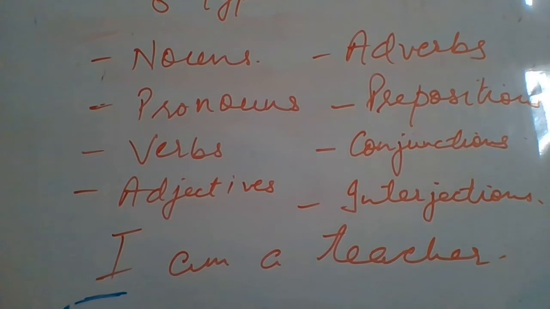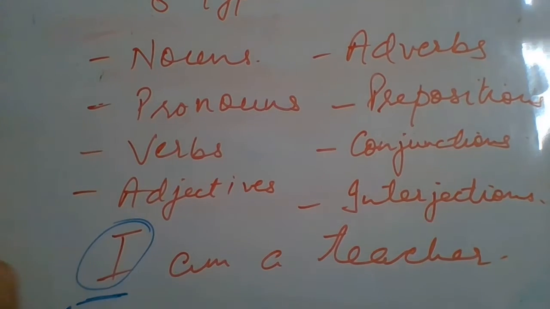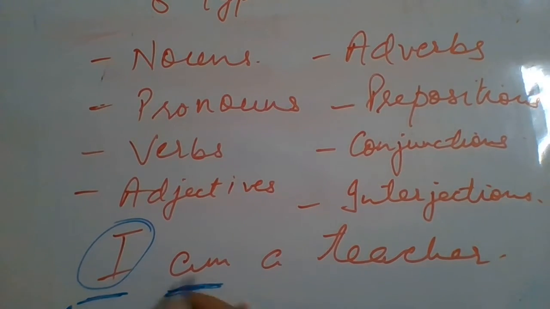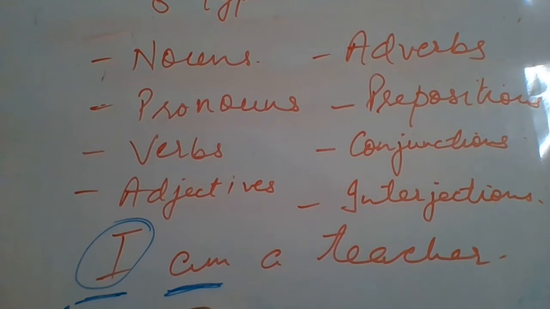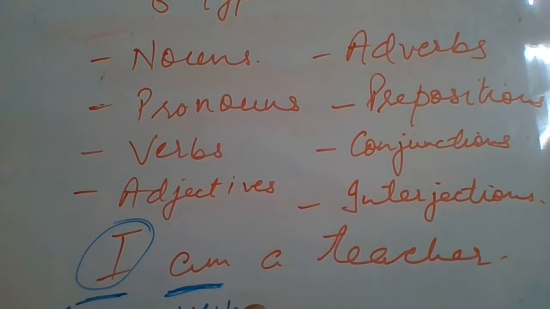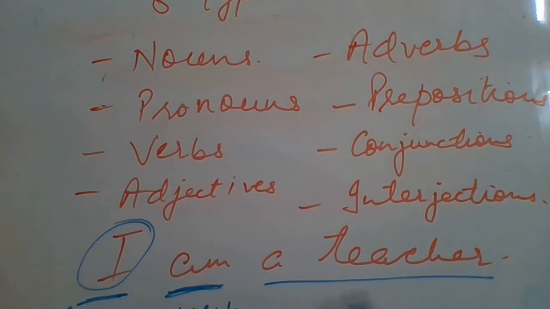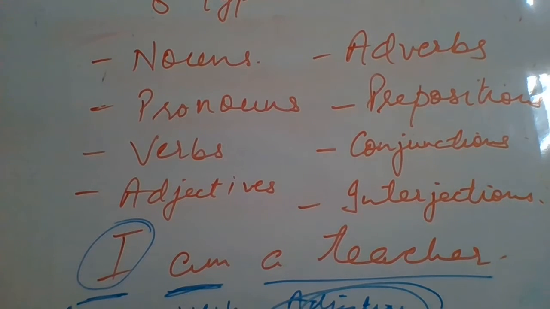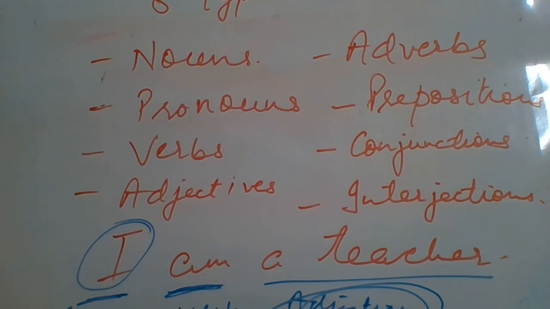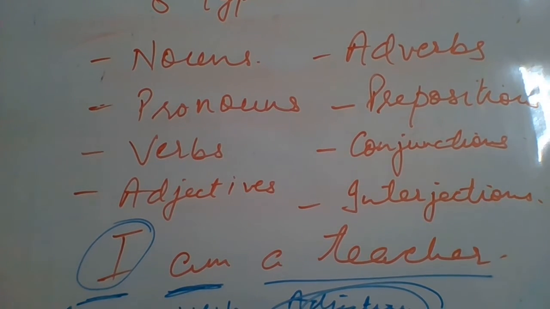Am, that fits with I, is a verb. Then a teacher, it is an adjective for me, like who am I? It is depicting me. So these are the parts of sentences.